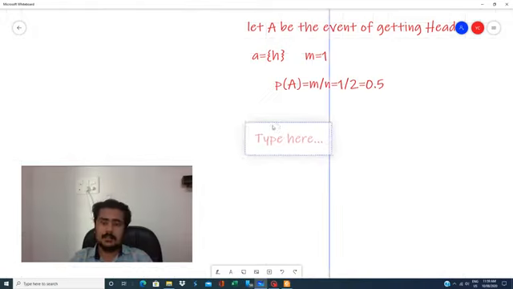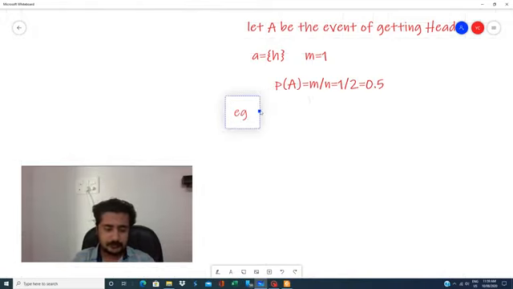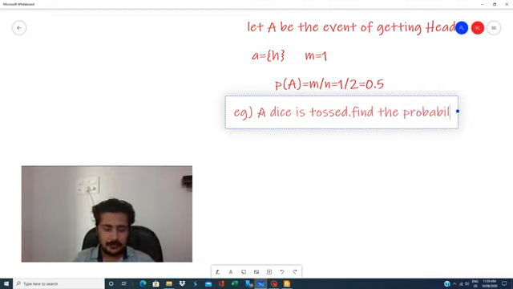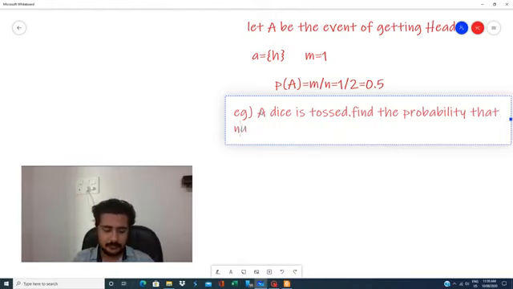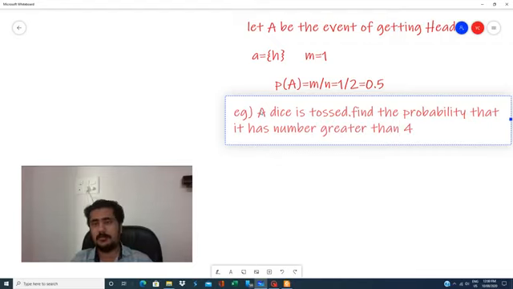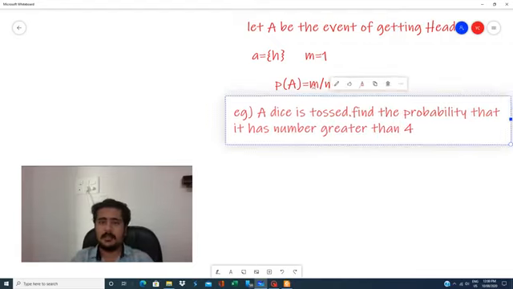Let's take another example. A dice is tossed. Find the probability that it has a number greater than 4.